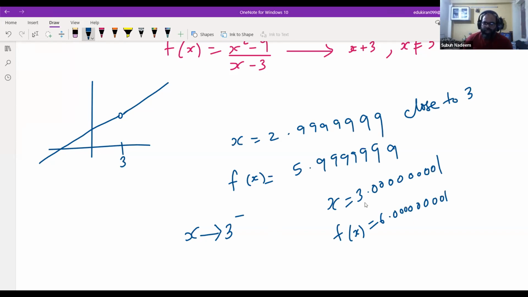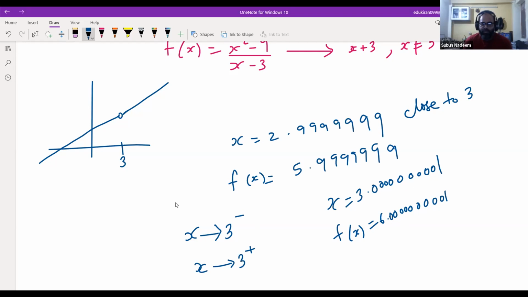So you can make x very, very close to 3 from the right side also, and still it is not equal to 3, but it is very close to 3. But you can't specify that exact value, because someone will come and say, I'm putting one more zero. So these values are written as 3 plus.